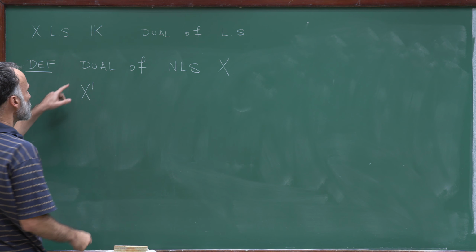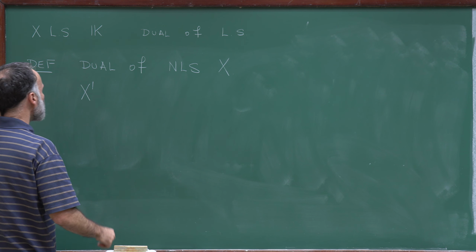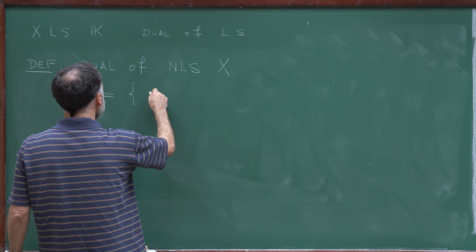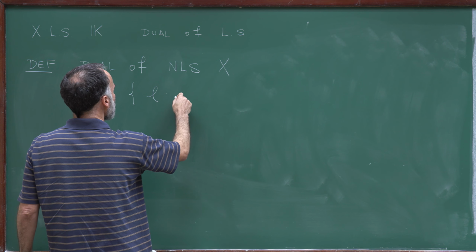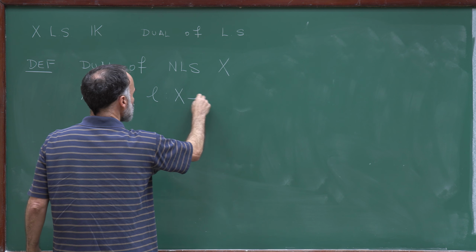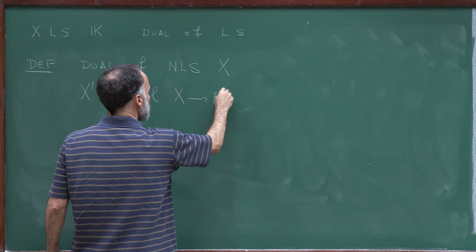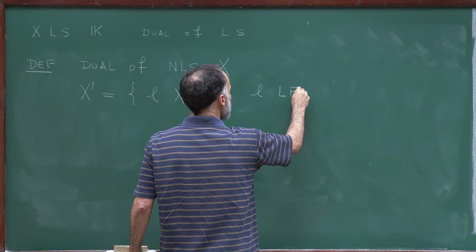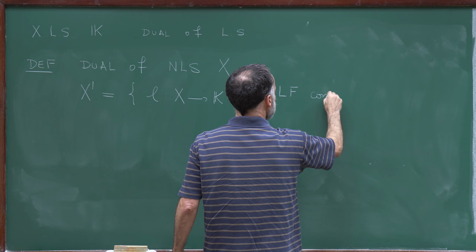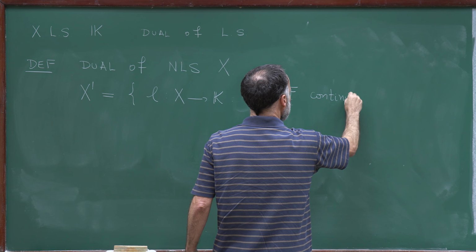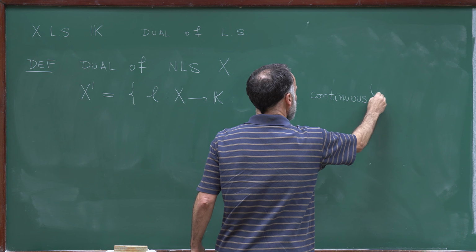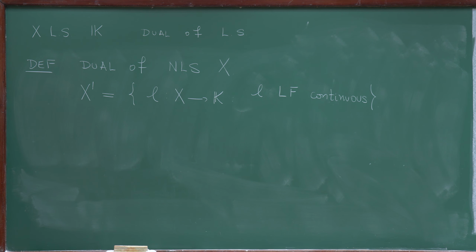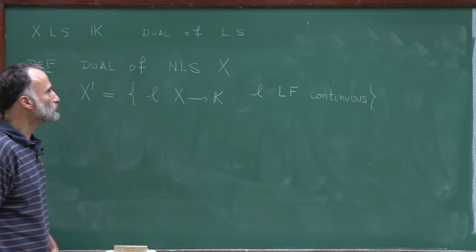So X prime is the dual of this normed linear space X, and it's the set of all L which are linear functionals which are continuous. So this is the dual space of X.